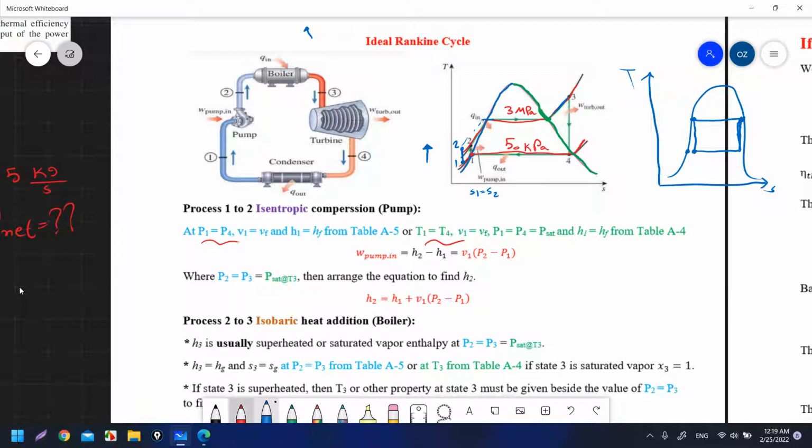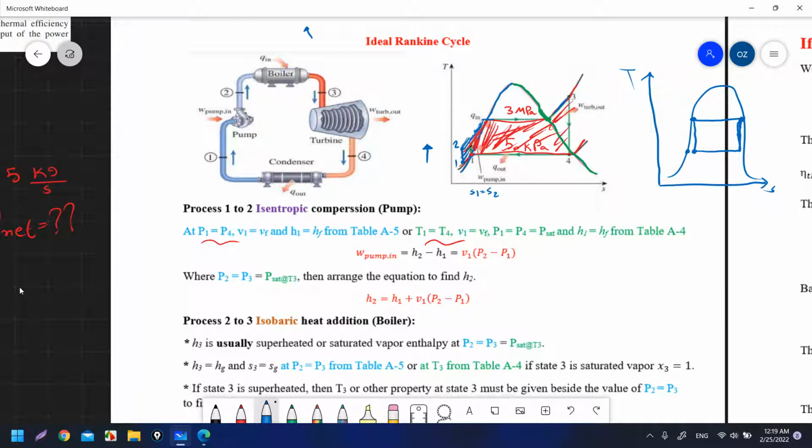If this is the previous 1 2, and this is the area for 1 2 and the whole cycle, we will have additional area if I go from saturated liquid to subcooled liquid. This additional area will increase the net work, or the Q net, which is equal to net work, and then it will increase the thermal efficiency. So that is why they sometimes subcool the state.